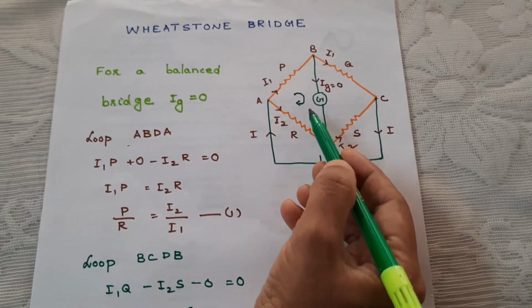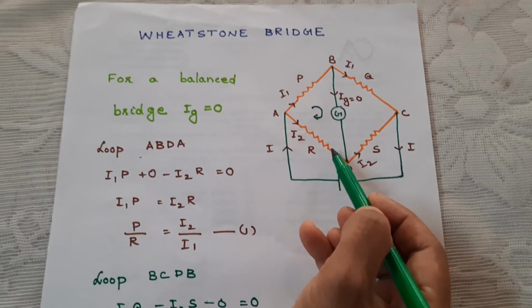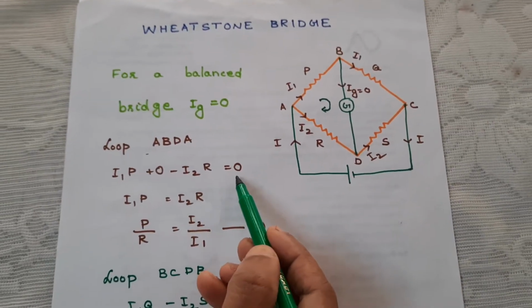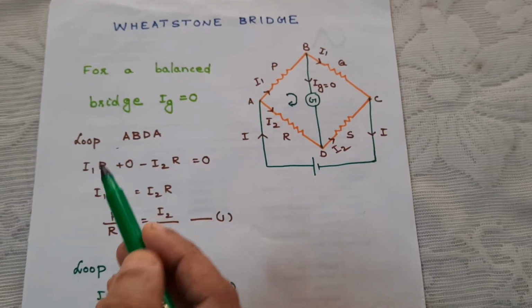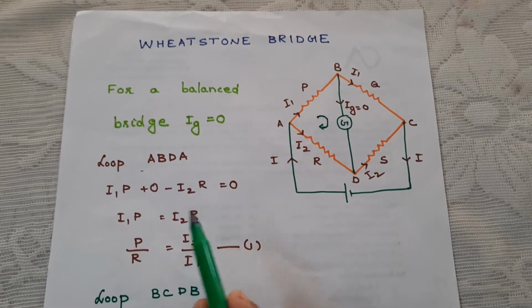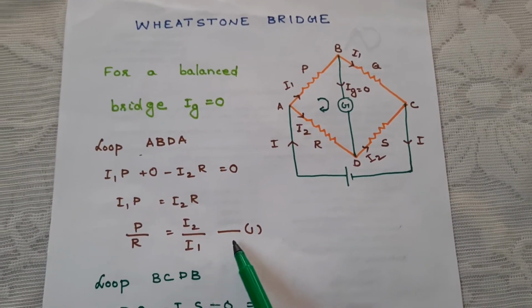We are analyzing clockwise and the current flows through R in the anti-clockwise direction. So it is minus I2R, equal to 0. Therefore, I1P is equal to I2R, or P by R is equal to I2 by I1. That is the first equation.